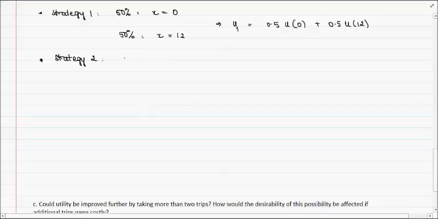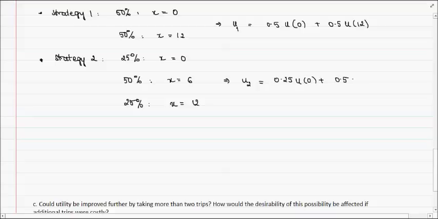We already know from before that there is a 25% chance x is equal to 0, 50% x is equal to 6, and 25% x is equal to 12. Therefore utility 2, under strategy 2, is going to be equal to 0.25 U(0) plus 0.5 U(6) plus 0.25 U(12).